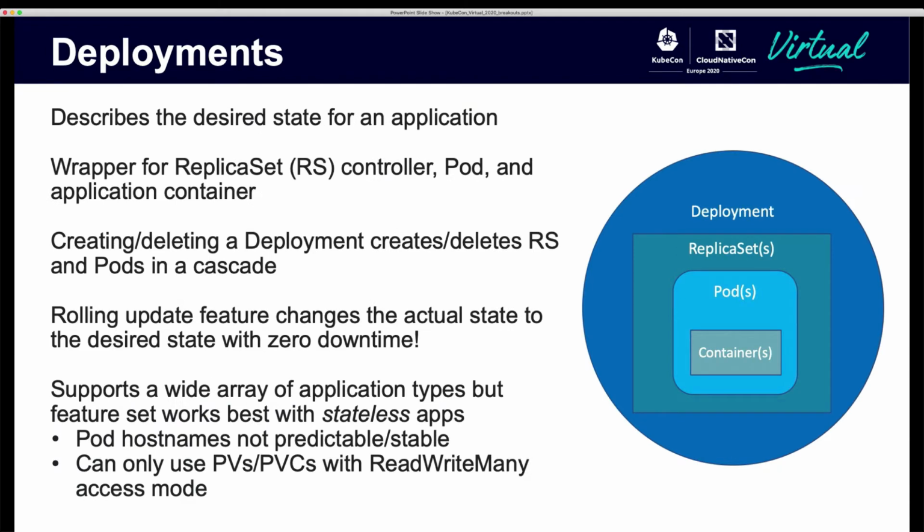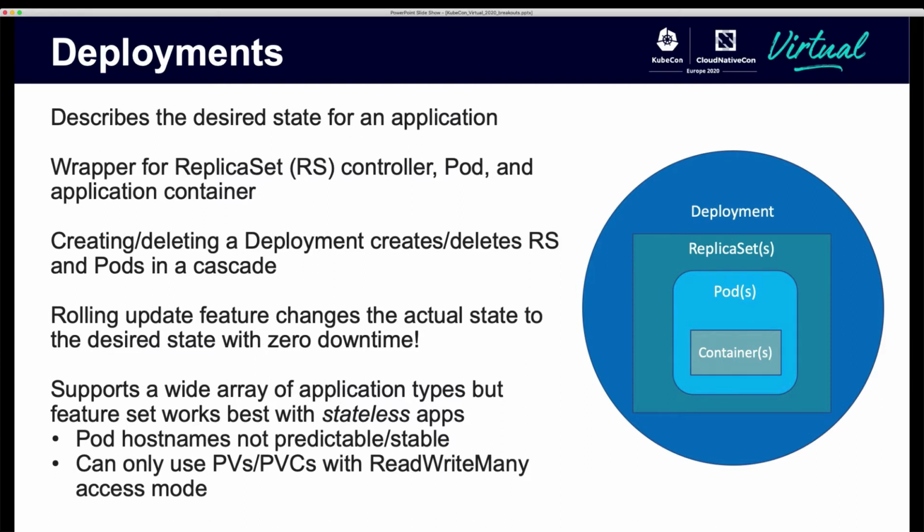So first look at deployment here. It describes the desired state for an application, right? So we're going to take the image that we want to run, the affinities and anti-affinities, all those things, and put them in the deployment manifest. And the deployment isn't alone in making sure that the application gets deployed.